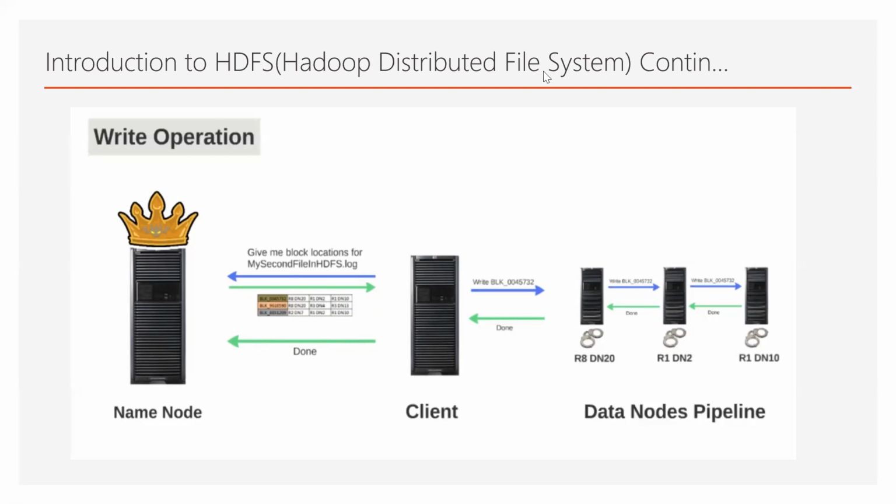Sir, while replicating, if a block goes missing in between, what will we do? Okay, so in between the replication process, if one data node fails and doesn't replicate properly. Say the first copy of B1 is stored on this machine, and the second copy of B1 has to be stored on this machine.